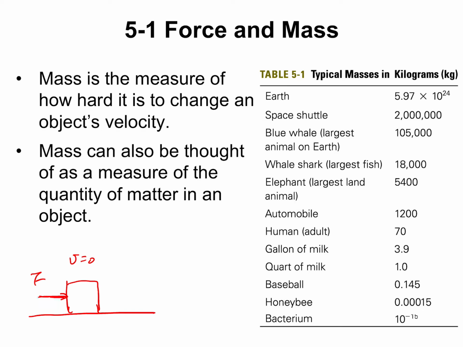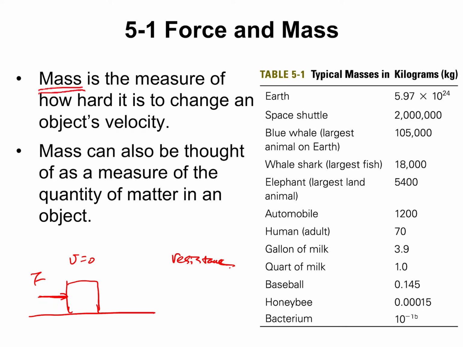Then the object will respond with resistance. The natural tendency of the object is to maintain its velocity. So when you push the object, you feel resistance. The measure of that resistance is mass. You want to change the object's velocity, but the object doesn't want to change. That measure of the resistance is mass.